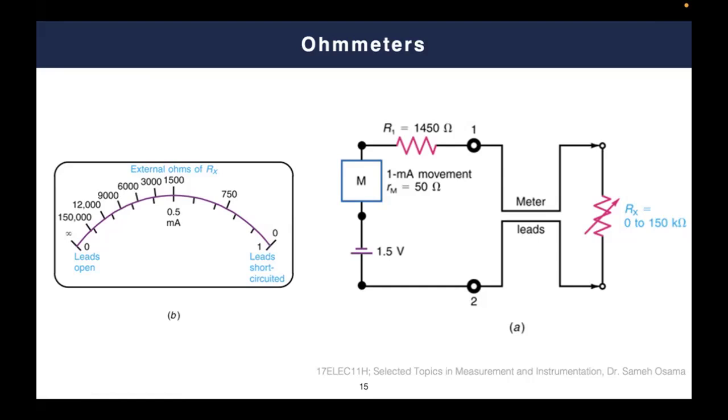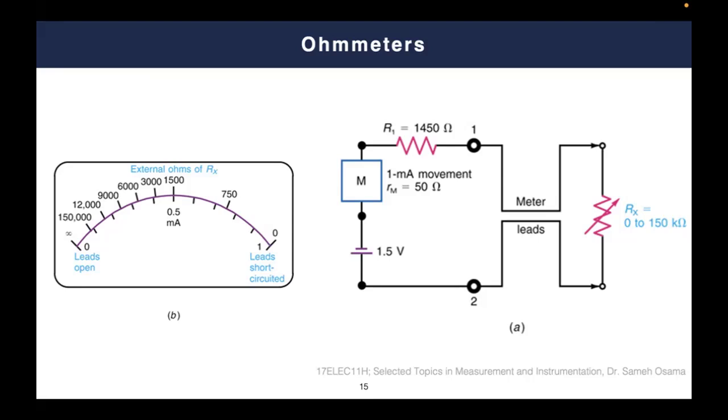So it is a reciprocal relation. You calculate I, and you know that R is V over I. That's why, instead of having a linear scale, it ends up as a 1 over X scale in order to have this variation.